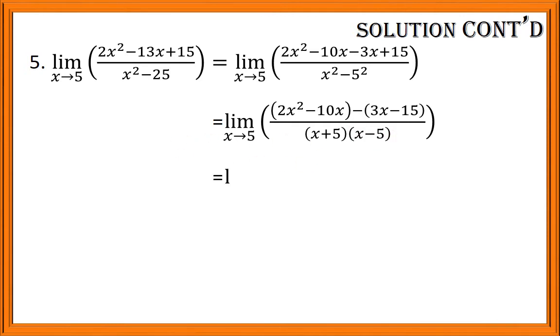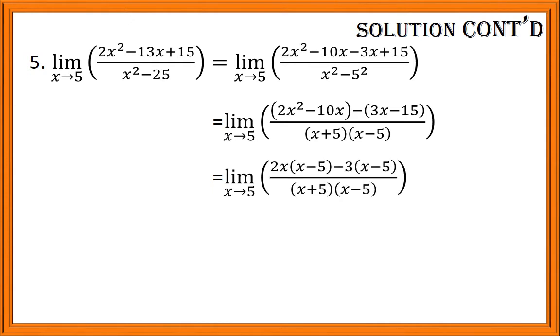So we'll now have the limit of 2x out, x minus 5, minus 3 out, x minus 5. When we factorize 2x from the first bracket and factorize 3 from the second bracket.